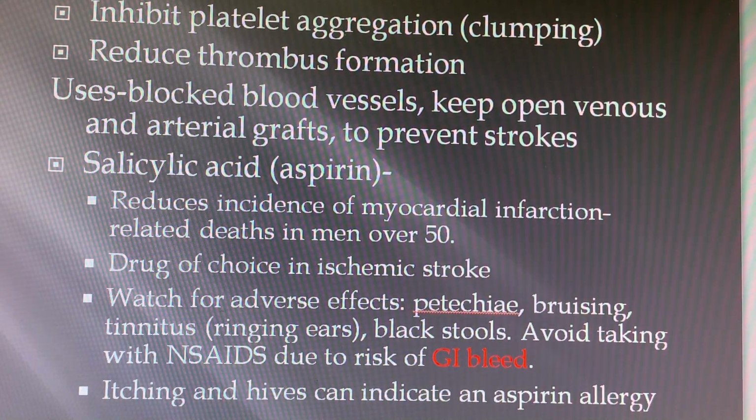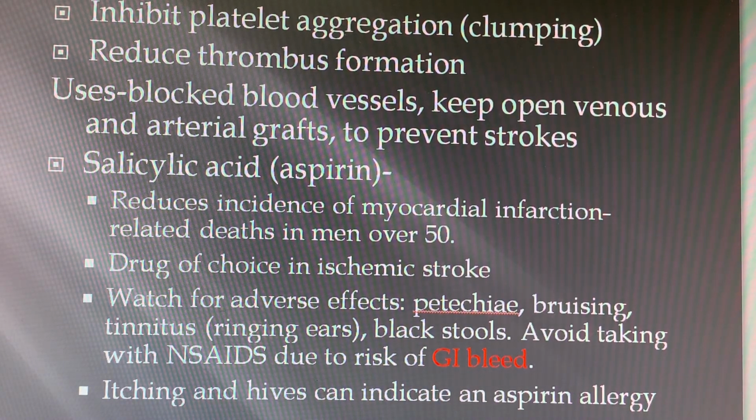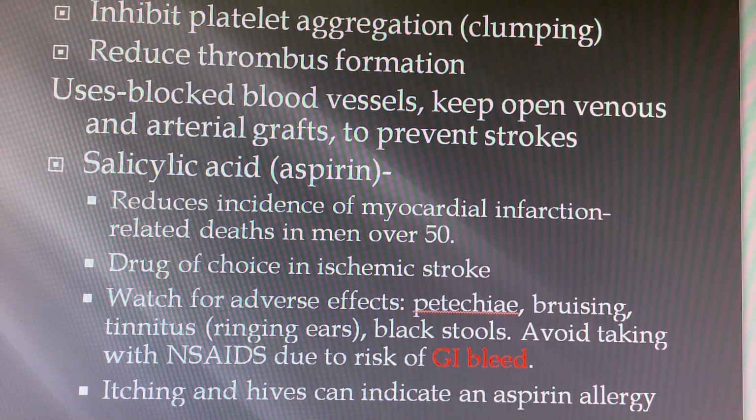So one of our first drugs that we're going to be talking about is just plain aspirin. The chemical name for that is salicylic acid, or you might see acetylsalicylic acid, which is called ASA. Aspirin is often used to reduce the incidence of MIs or MI-related deaths in men over 50.